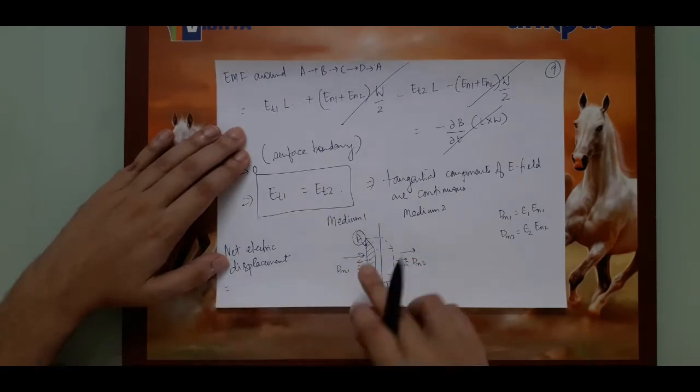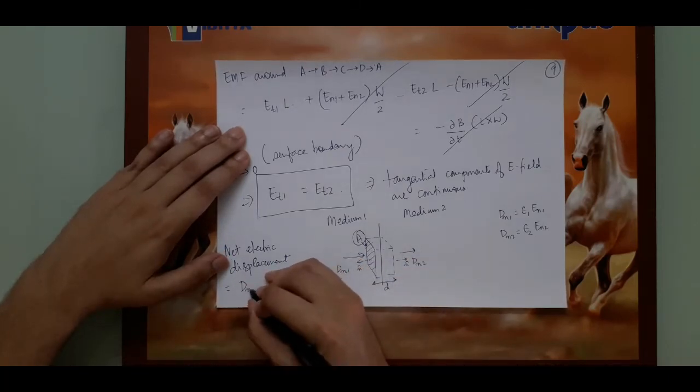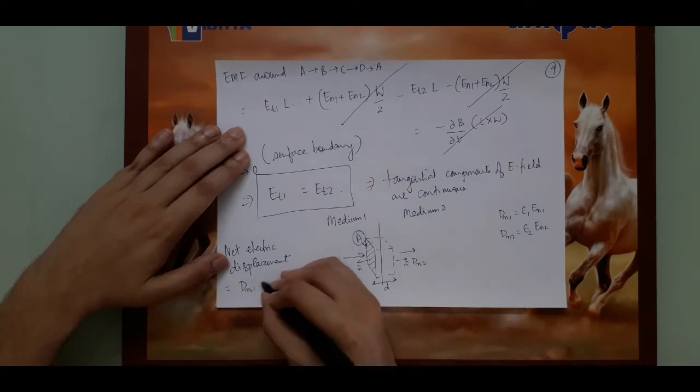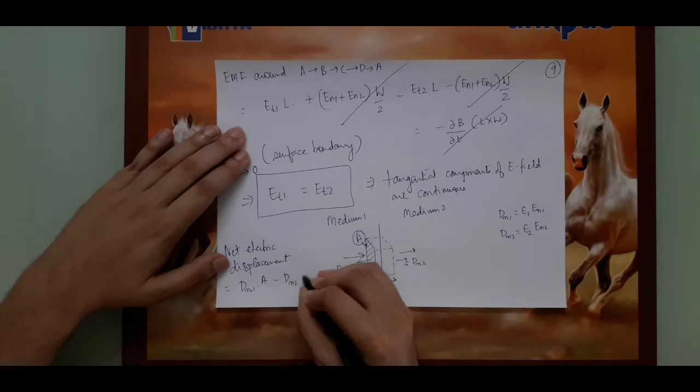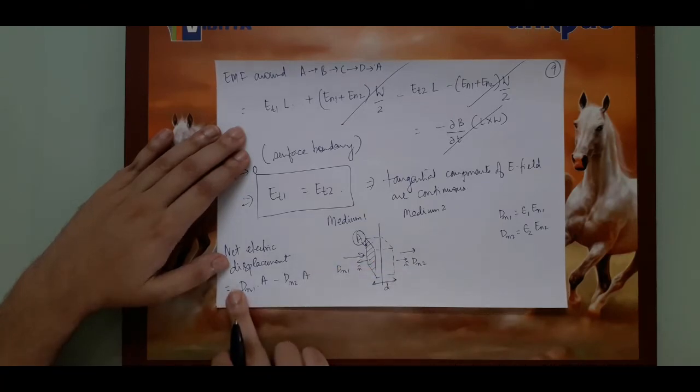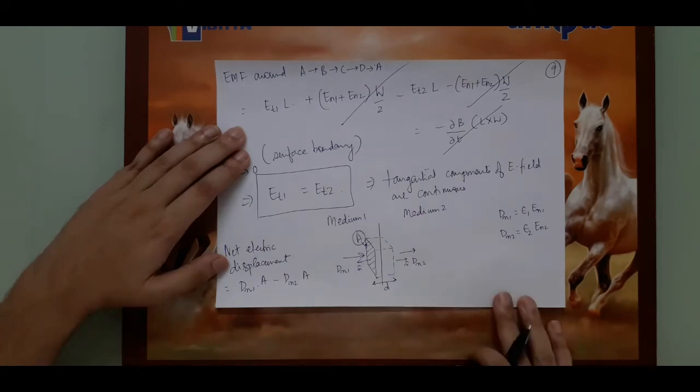So this is nothing but Dn1 times A minus Dn2 times A. You can also write it as minus D1 A plus D2 A. It's one and the same.